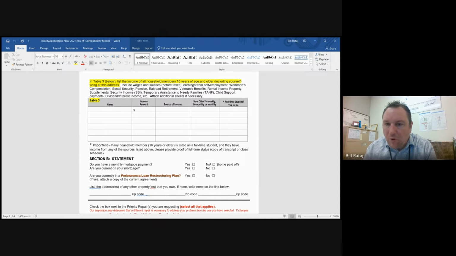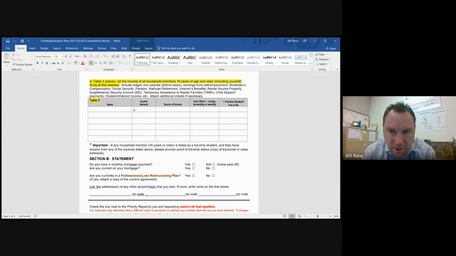Now, if you're self-employed, there is a little bit of a difference there where we don't necessarily calculate it based on the gross, but there are certain things that can be deducted in that case for self-employment that we wouldn't calculate. So we would ask you for a profit and loss statement. So, we may ask for a quarterly profit and loss statement or a 6-month profit and loss statement, but that's something we would need to kind of figure out what your self-employment income is.